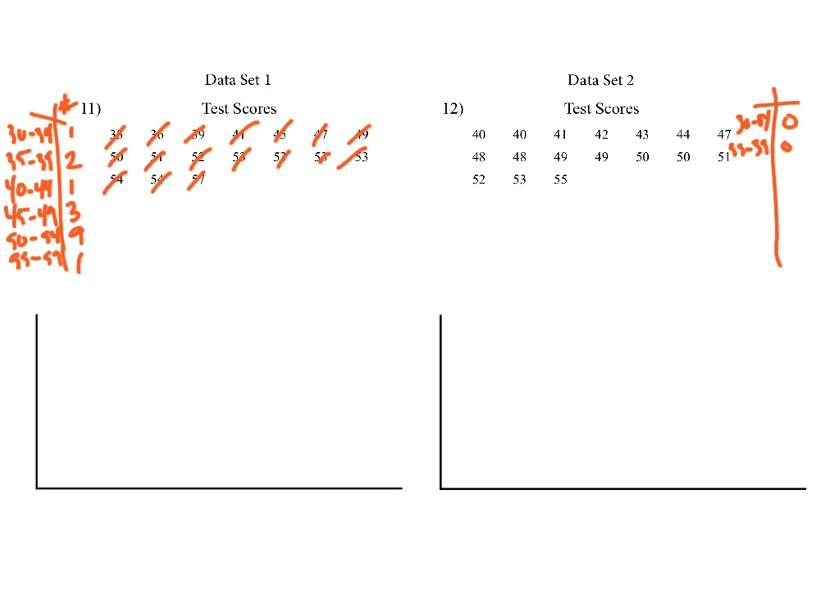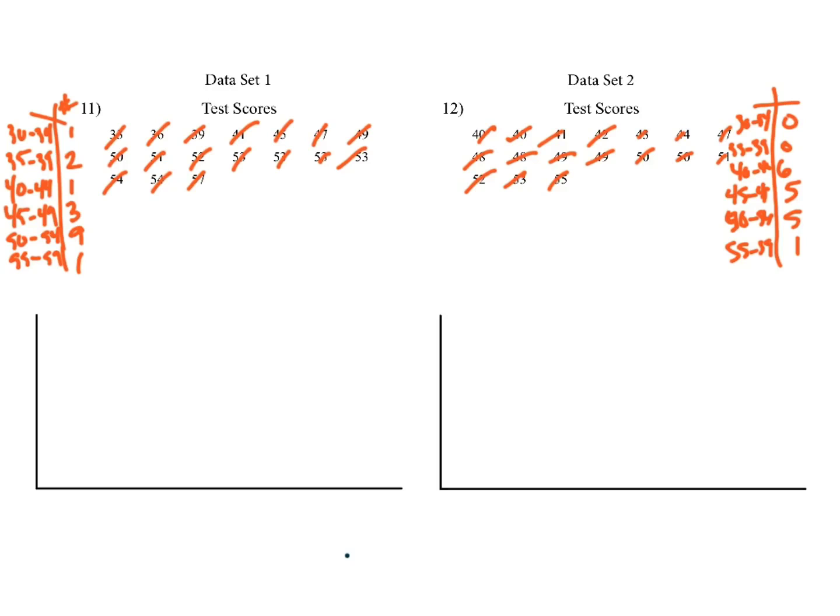Now we go to 40 to 44, and we have 1, 2, 3, 4, 5, 6. Then 45 to 49, 1, 2, 3, 4, 5. Then 50 to 54, 1, 2, 3, 4, 5 again. And then in the last category, 55 to 59, we have 1. So that tells us what our intervals are going to be.